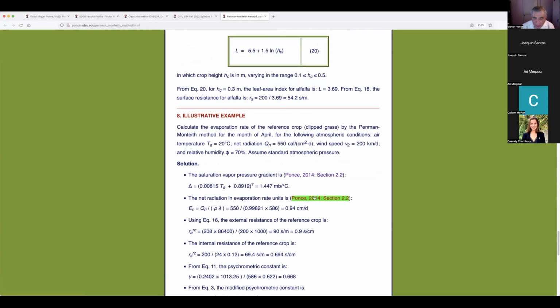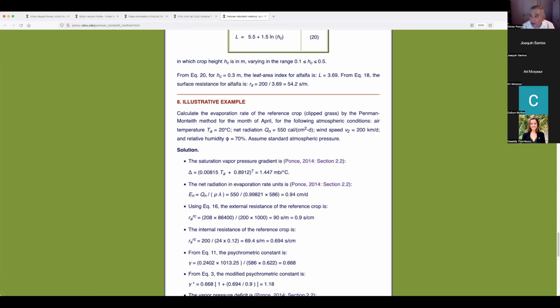Section 2.2 of my book, 2014, my electronic book, because the first edition of my book was published in 1989, and the second edition, which was entirely online, is 2014. The difference, of course, is that the 1989 book you have to pay for.